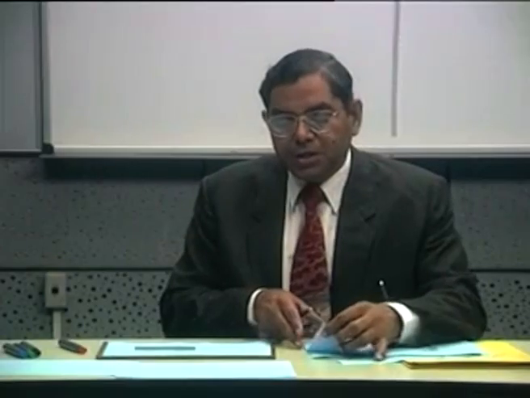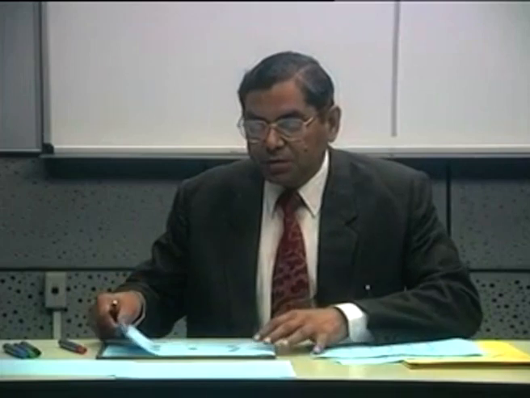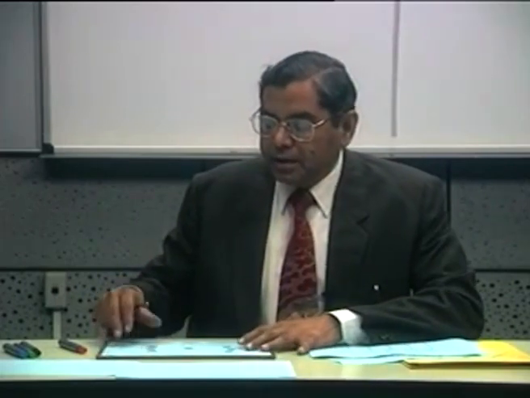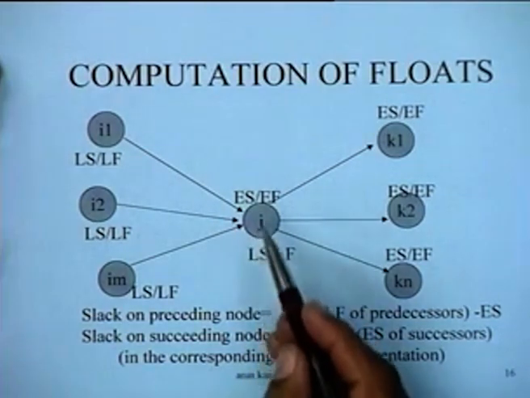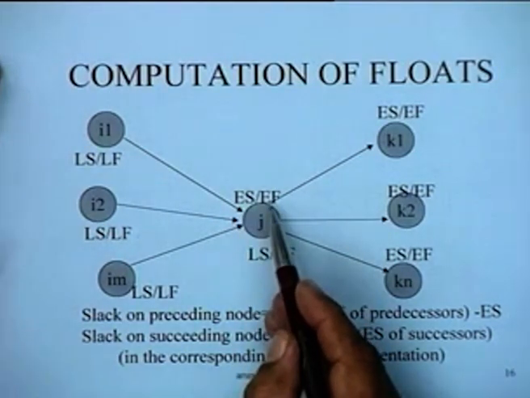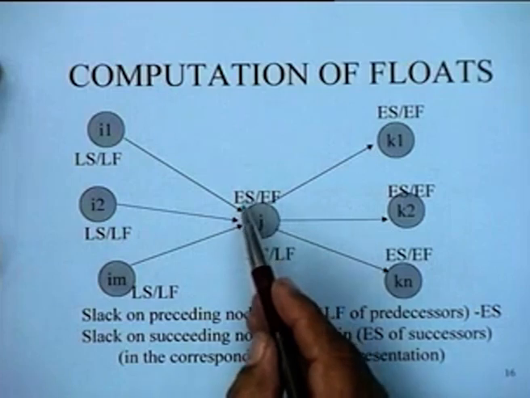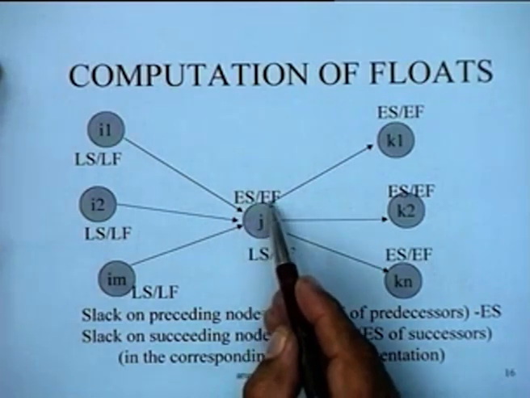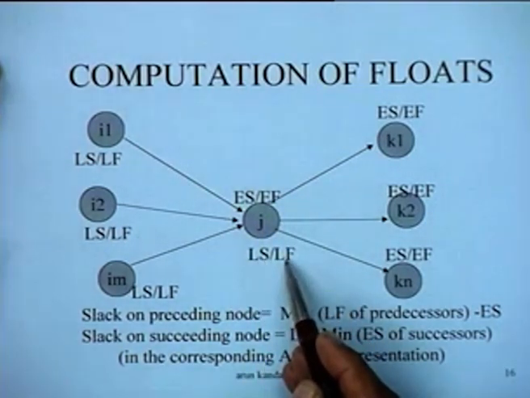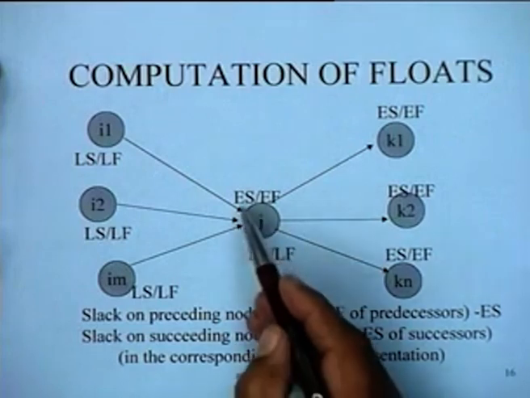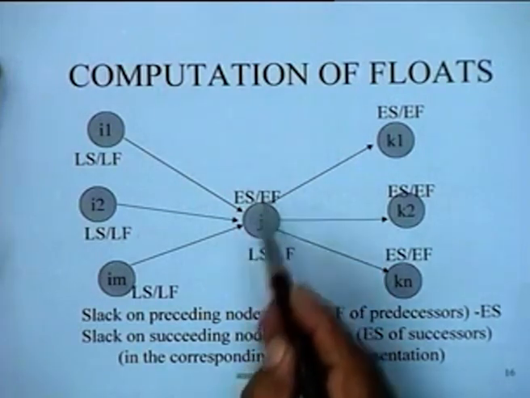Now, how the computations can be done for the computation of the float here, if we look at a general activity J for which we have computed all these figures, basically in the AON network we are computing the early start and the early finish, which are obtained from the forward pass, the late start and the late finish, which are obtained from the backward pass, and we say that we have this information compiled.